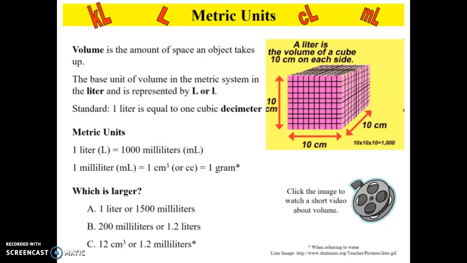So with that in mind, let's look at the bottom. I need you to use this math to determine whether 1 liter or 1,500 milliliters is bigger, 200 milliliters or 1.2 liters, or 12 centimeters cubed or 12 milliliters.